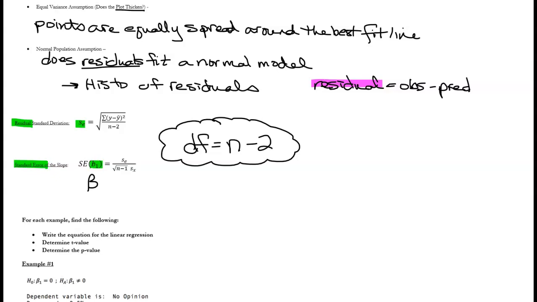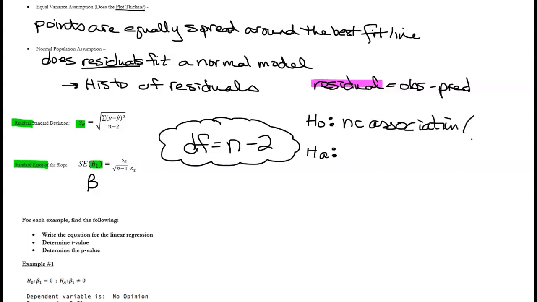When we write our hypotheses, it's always going to be the same. Your null hypothesis is that there is no association, because remember, linear regression looks for association, so no association between the 2 variables.